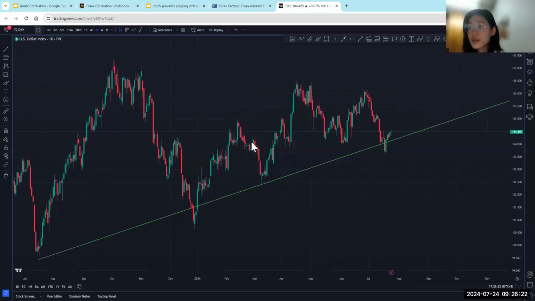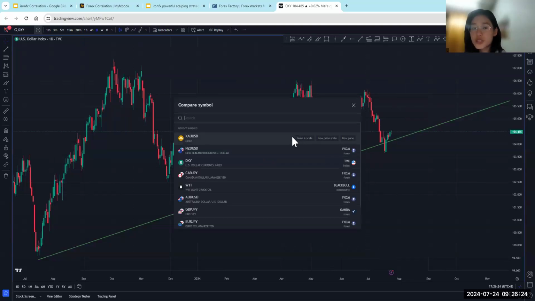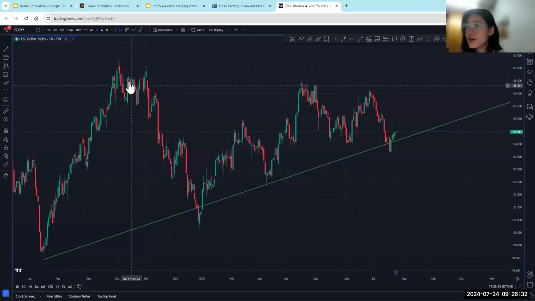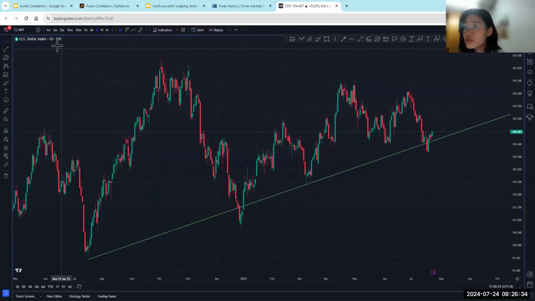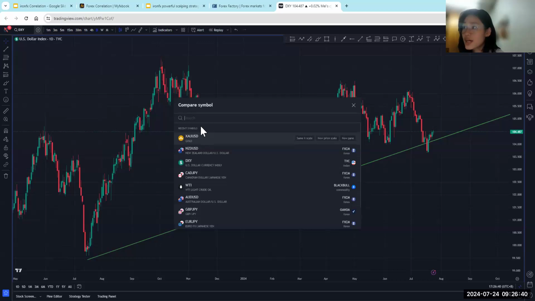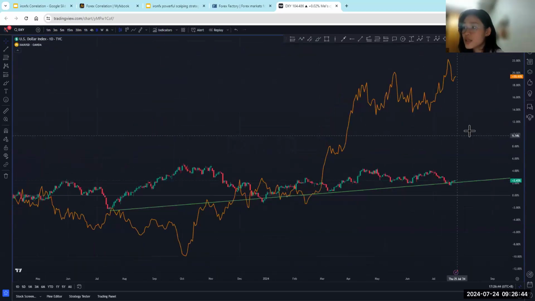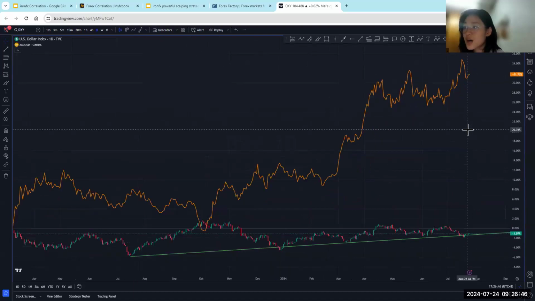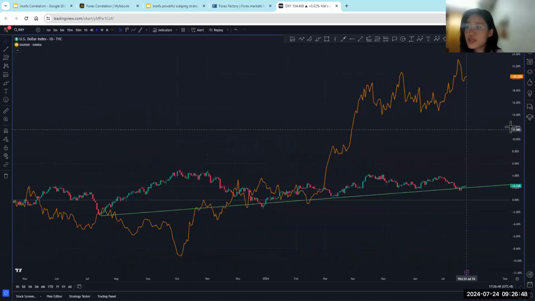I'm going to compare this to gold, since we mentioned earlier that gold and DXY are negatively correlated. So if we look at it on the same price scale, how you get to that tool is you click on this plus sign right beside your symbol. And I have gold here, same percentage scale, and you can see that it is negatively correlated.